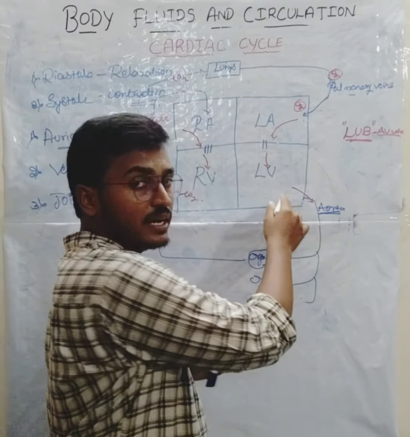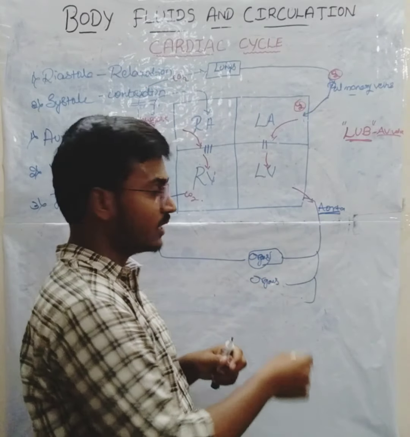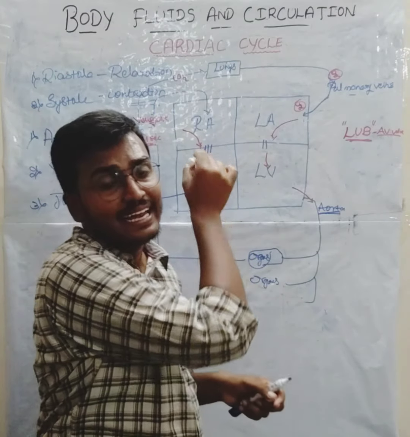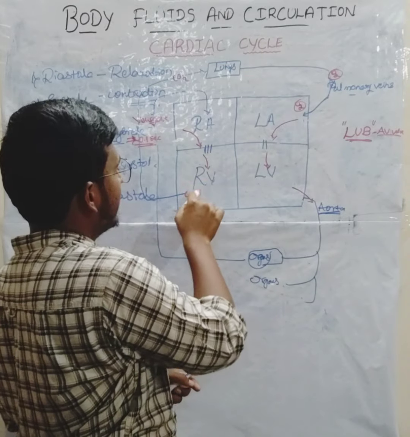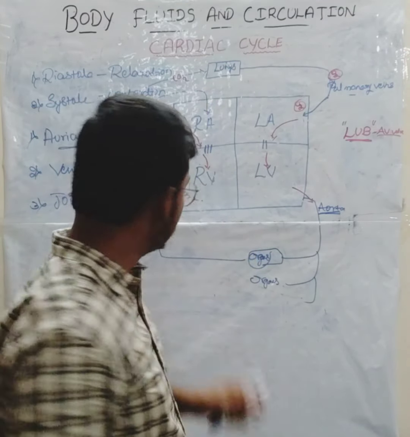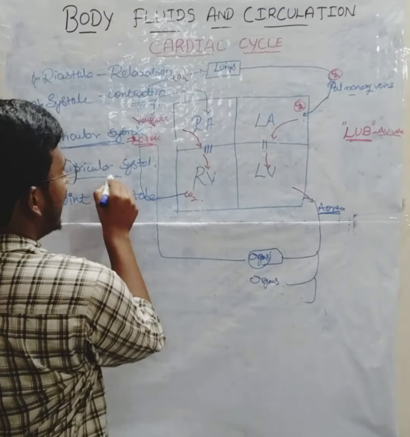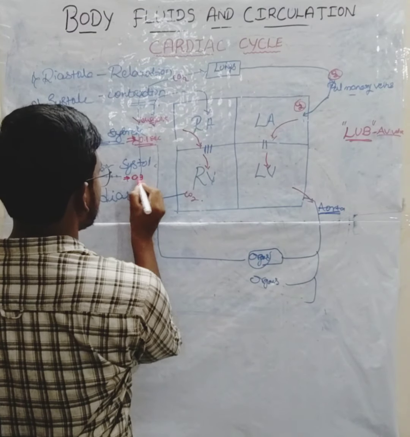Blood moves outside through the aorta to the other organs, and from the organs it enters the right auricle, and the right ventricle sends the deoxygenated blood to the lungs. This is about the ventricular systole, and it takes about 0.3 seconds.